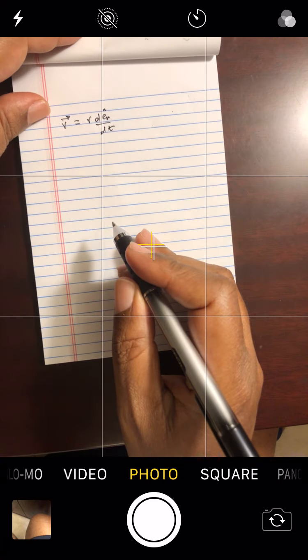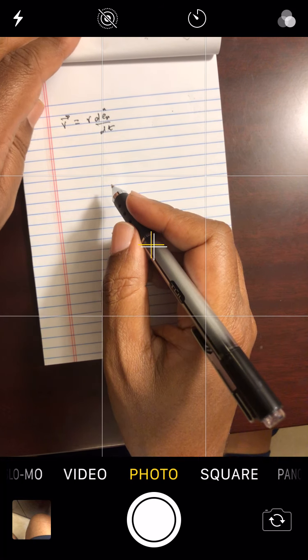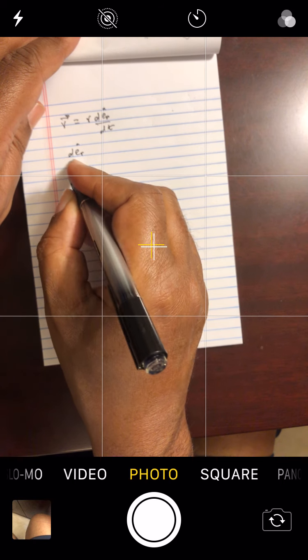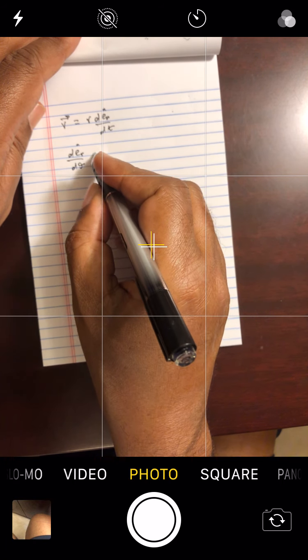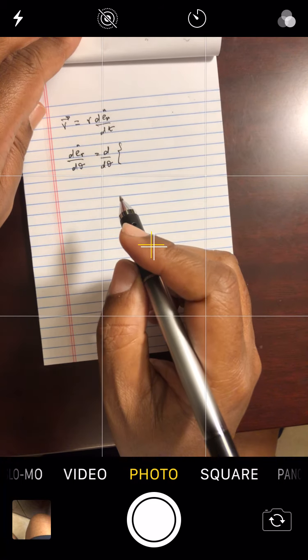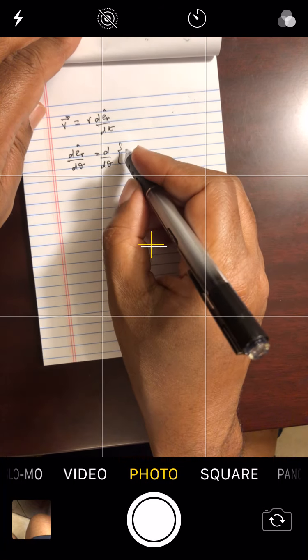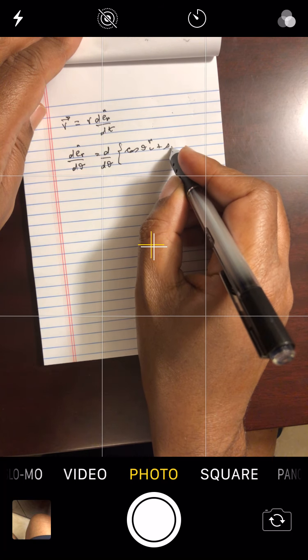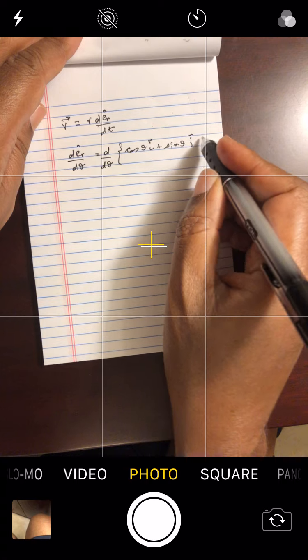Now to evaluate this expression, first let's look at dER with respect to theta. This is the rate of change with respect to theta, and ER was cosine theta in the I direction plus sine theta in the J direction.